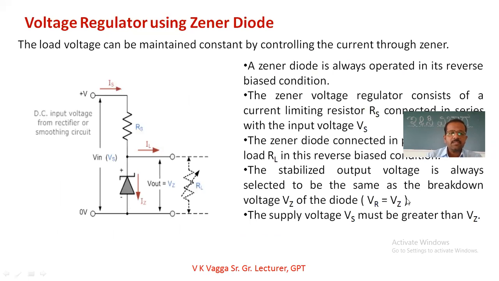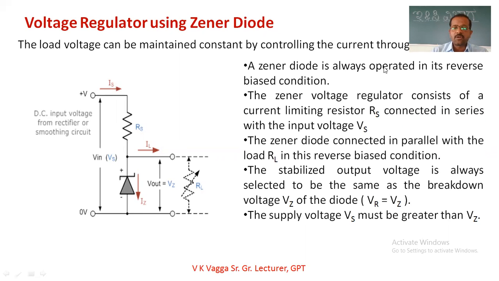After that, here is a circuit diagram of the voltage regulator using the Zener diode. A Zener diode is always operated in its reverse bias condition.